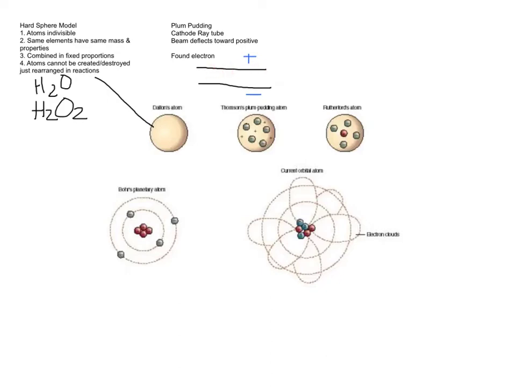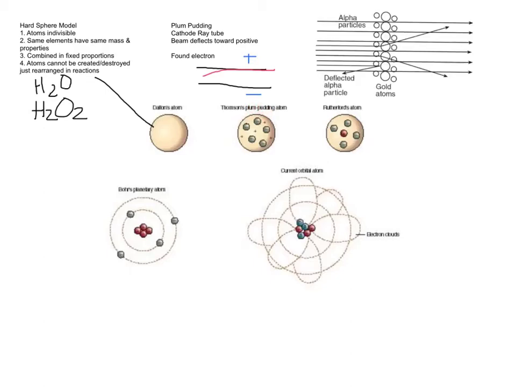So since his beam is always traveling towards the positive, his beam must have oppositely charged, or negatively charged, particles. So in J.J. Thomson's model, as we look here, we can see that he finds these negative particles, these first subatomic particles, that are embedded into this diffuse positive mass.